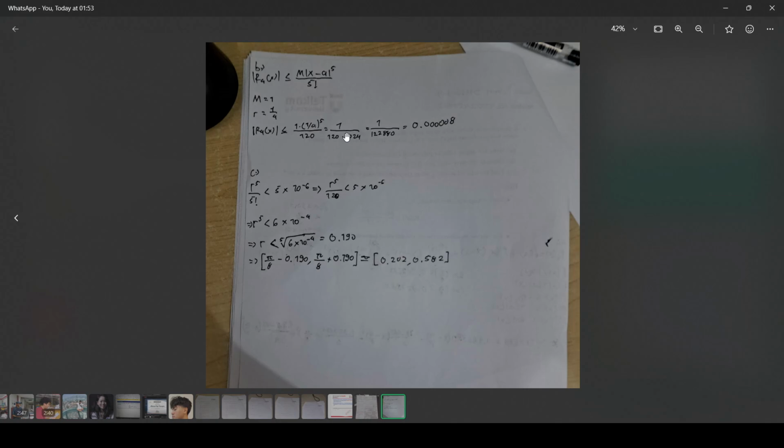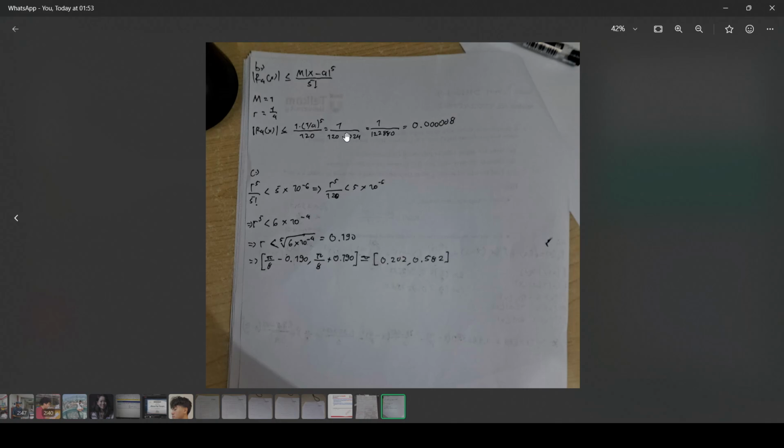From the C section of the question, we know we need to find the interval around pi over 8 where the approximation is accurate within 5 times 10 to the power of negative 6.